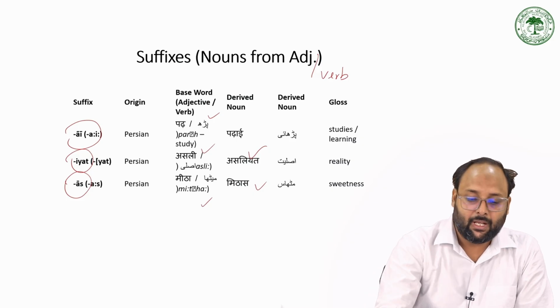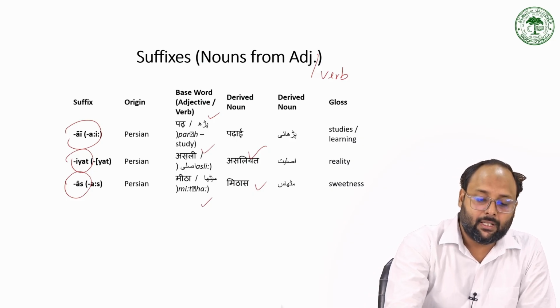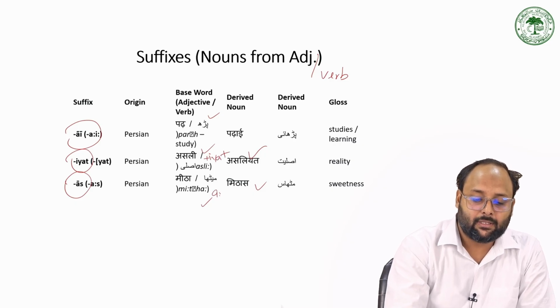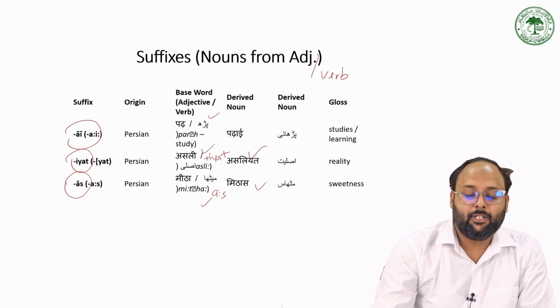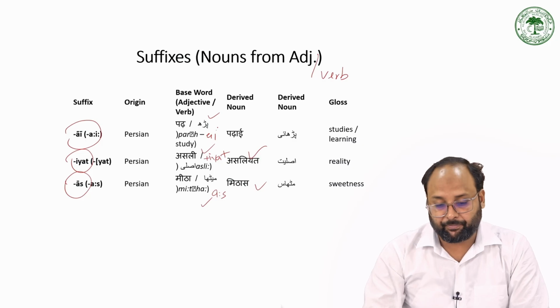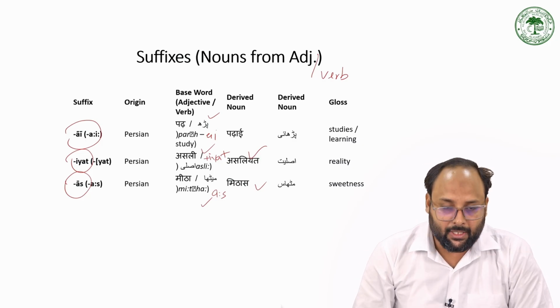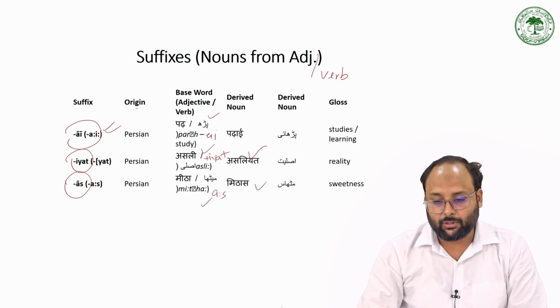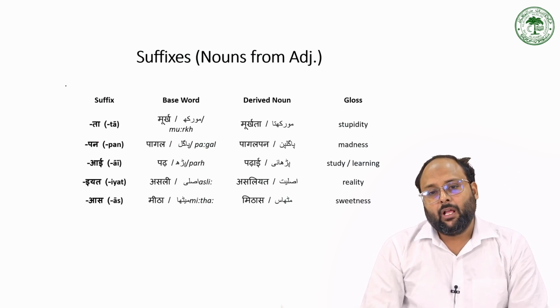When we add the suffix iyat to asli, it becomes asliyat. When we add the suffix as, it becomes mithas. In padai, when we add the I suffix, it becomes padai. So this is another process, another set of suffixes that we use for deriving nouns.